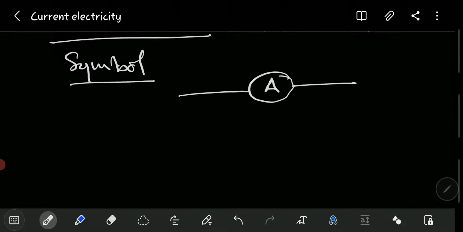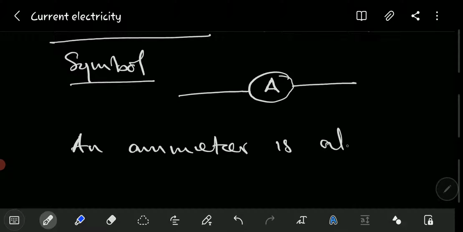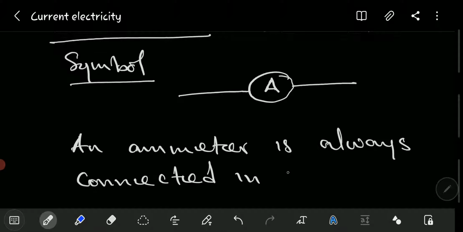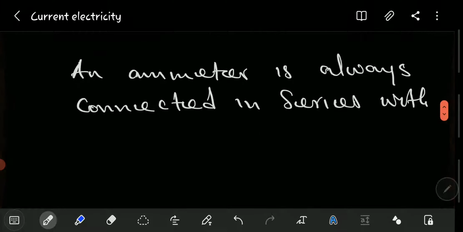However, an ammeter is not connected in any particular way that a person feels like connecting it. An ammeter is always connected in series with other circuit components.